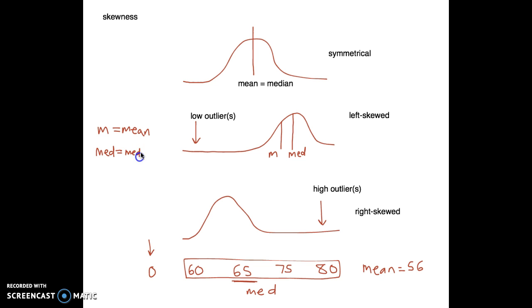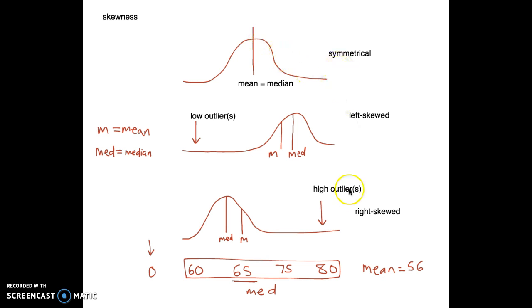Because of that low outlier, it's going to bring the average down. And then for the right skewed, it's going to be the opposite of that. So if the median, let's say, is right here, then that means the mean is going to be higher, because of the high outlier bringing up the average.